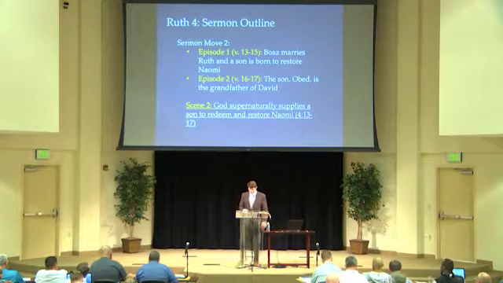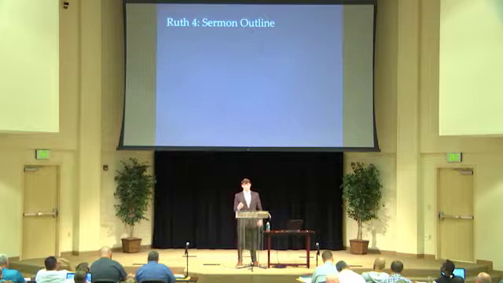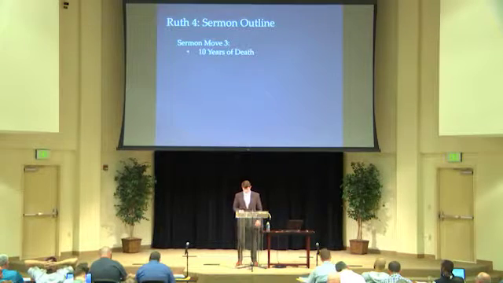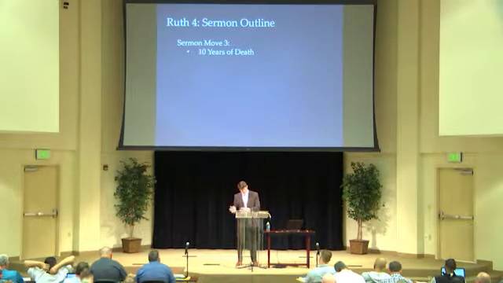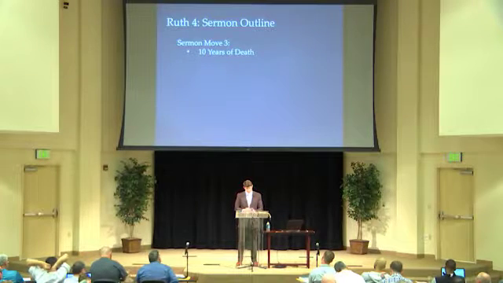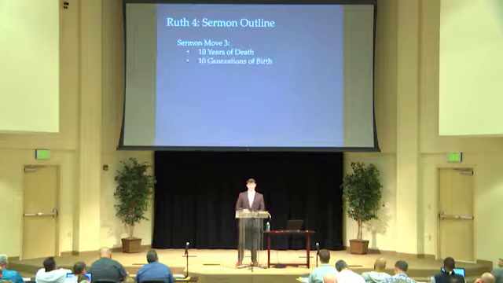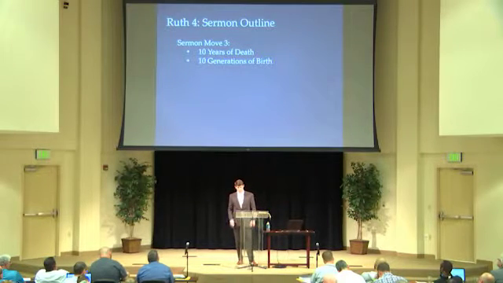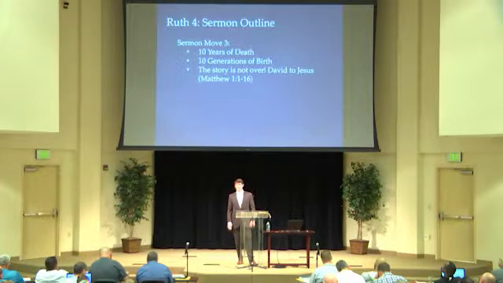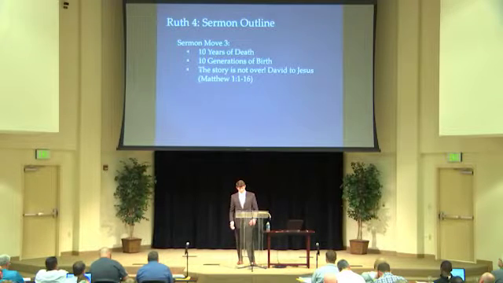So that brings us through sermon move 2, moving to sermon move 3, all representing the structure that we found that the author has given us. 10 years of death, 10 generations of birth. But the story is not over.